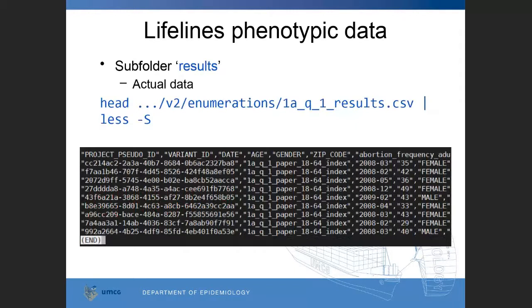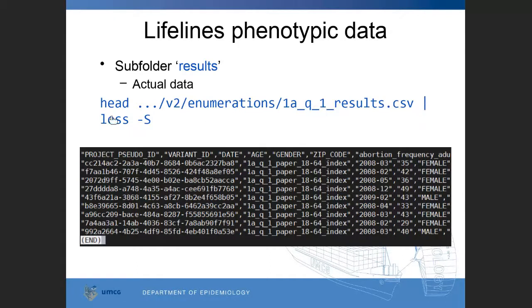Then you want to get the actual data. So you go to the results folder, and then the results subfolder, and in there is a file 1AQ1 results.csv, so a comma separated file.